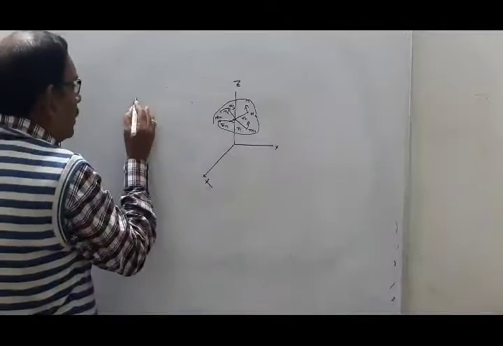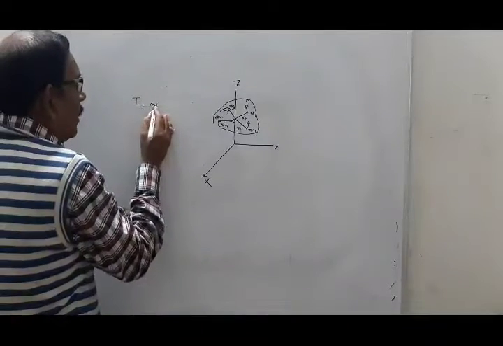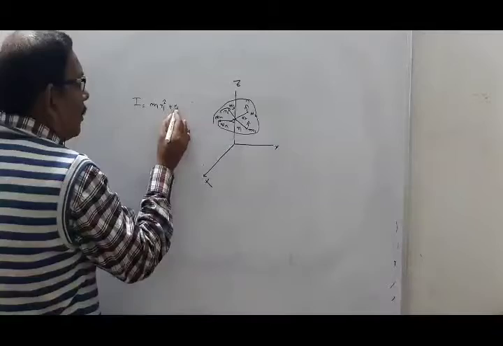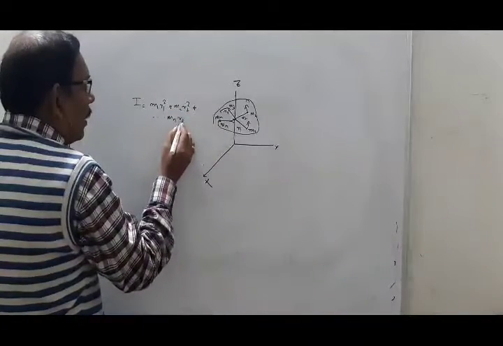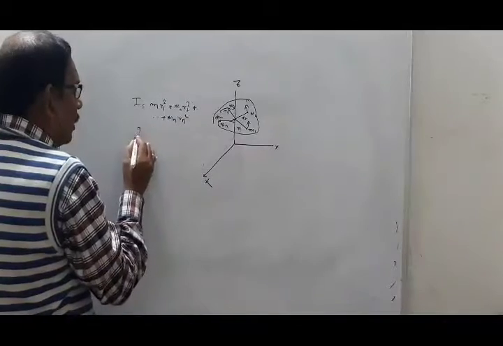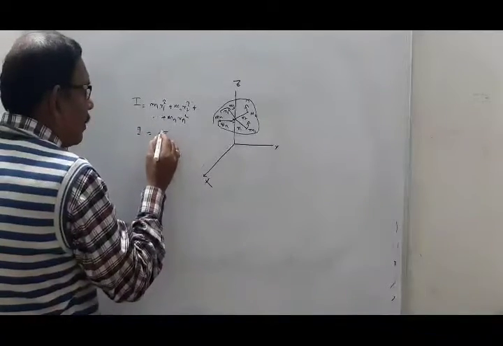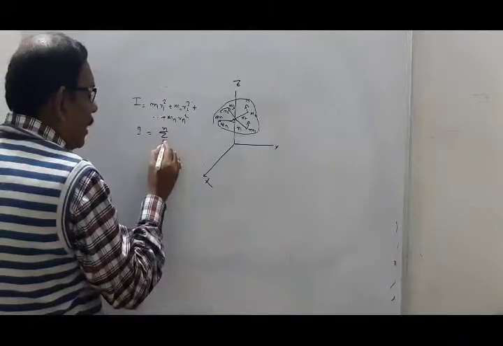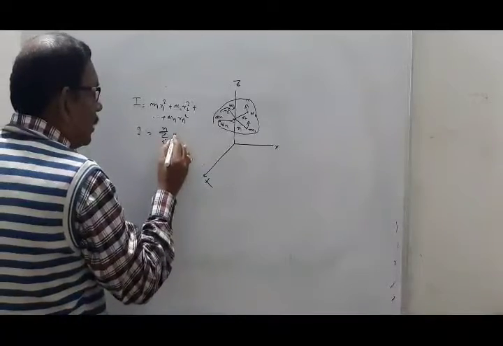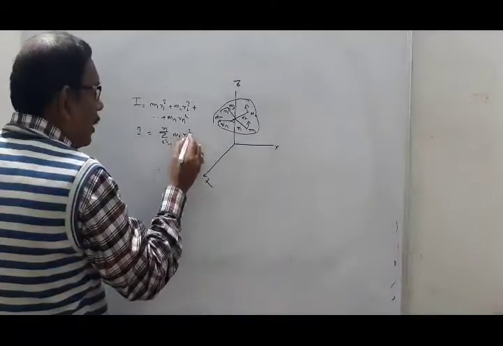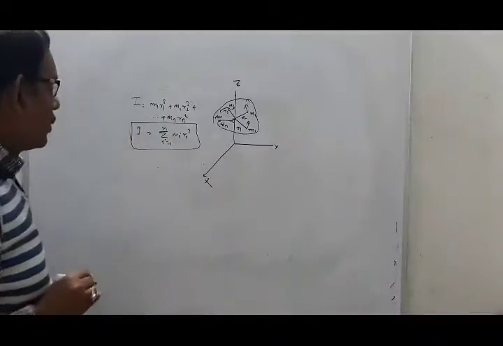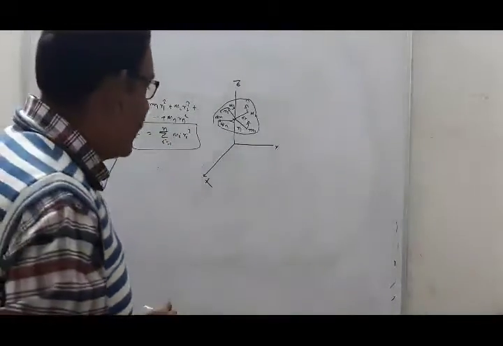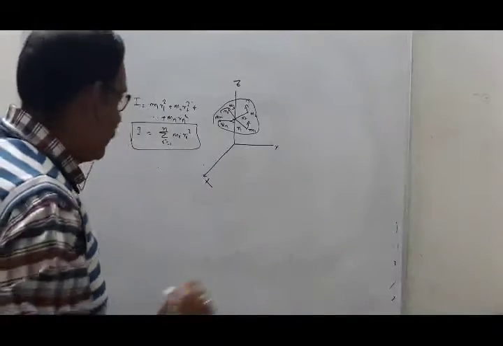The moment of inertia is I equal to m1 r1 square plus m2 r2 square plus up to mn rn square. This is the summation for n particles, i equal to 1 to n, of mi ri square. So this is the equation of moment of inertia, I equal to simply mr square.